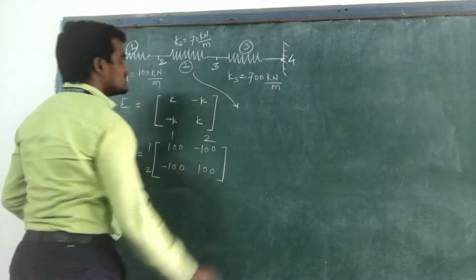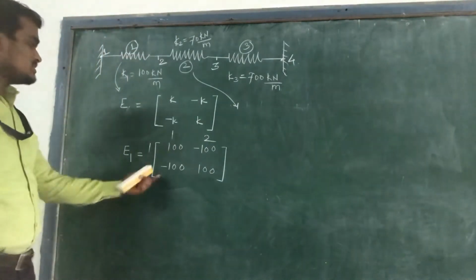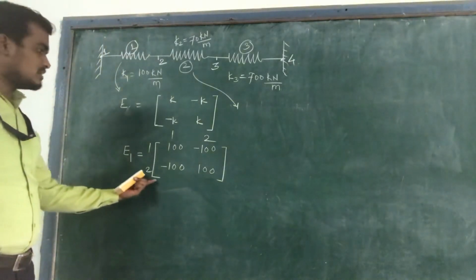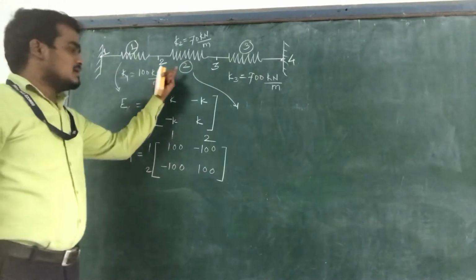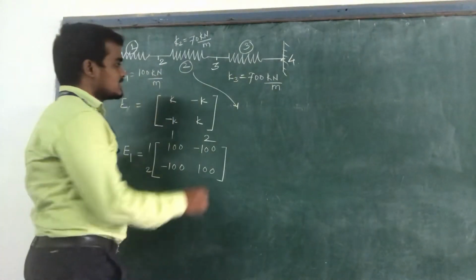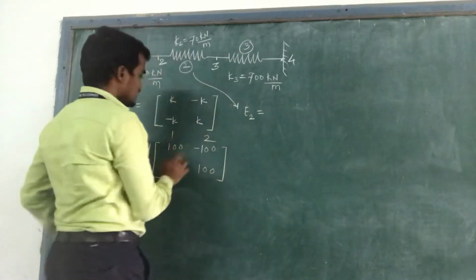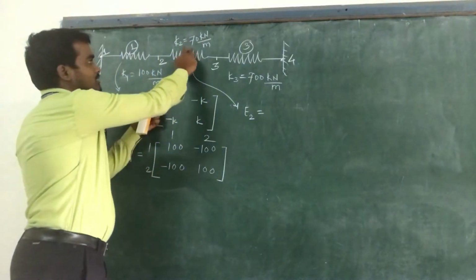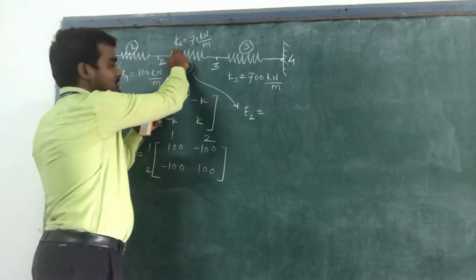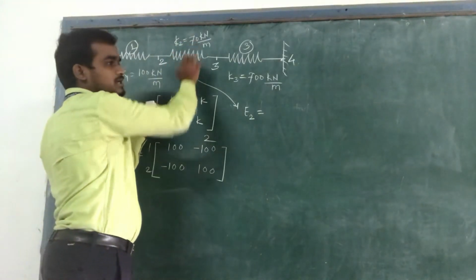Next, write the elemental stiffness matrix for the second element. In a similar way to the first element, E2 is equal to, instead of K, 70, because the value of K is given as 70 kN per meter.